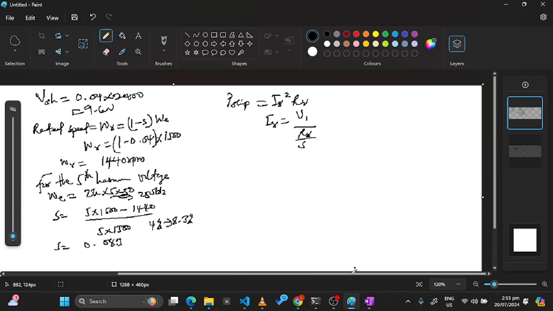Now the voltage we are looking at is the harmonic voltage. So that's going to be 9.6 divided by 0.2 divided by 0.083.